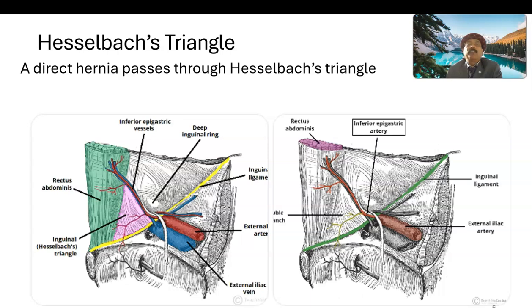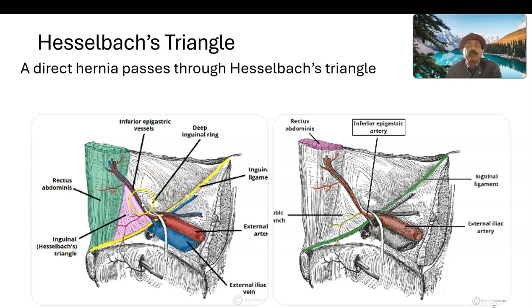But what is Hesselbach's triangle? A direct inguinal hernia passes through Hesselbach's triangle. It is a triangle bounded by the lateral border of the rectus abdominis, the inguinal ligament below, and the inferior epigastric artery laterally. So this is Hesselbach's triangle. Any hernia or protrusion through this triangle is a direct inguinal hernia.